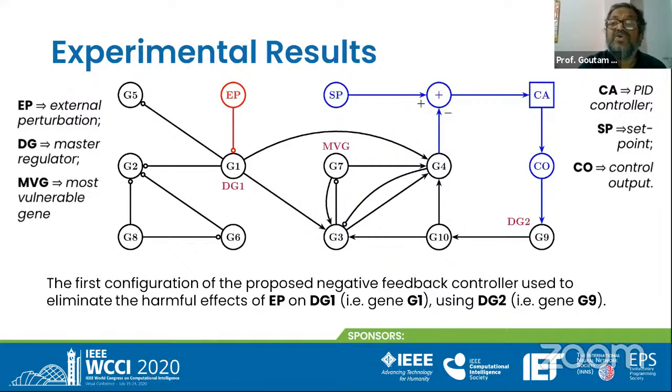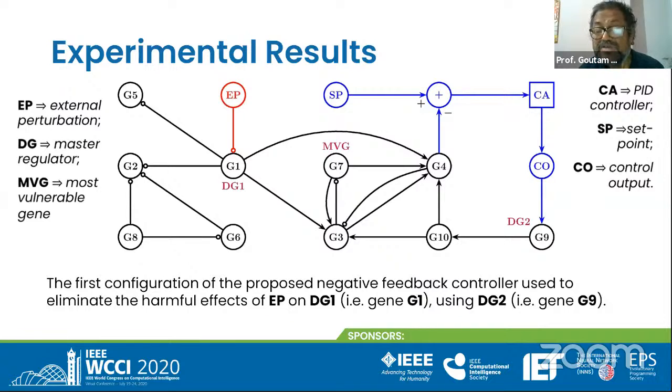control action. Control action means I have got a protein which upregulates or downregulates G9, and this G9 will also disturb G4 in such a way that it counters the action of EP on G4.